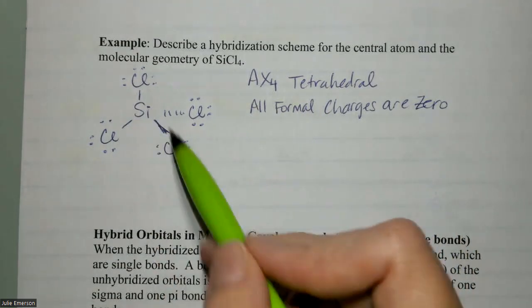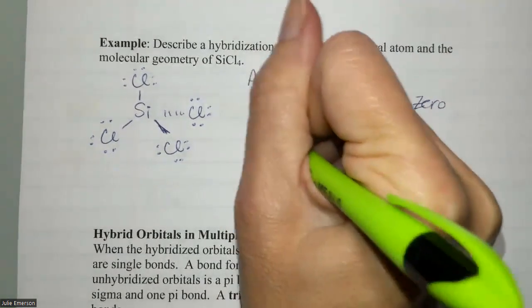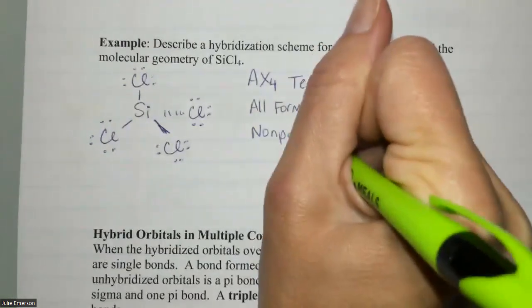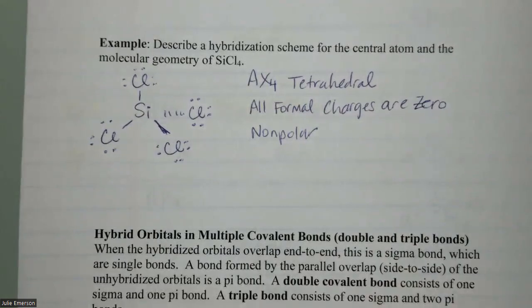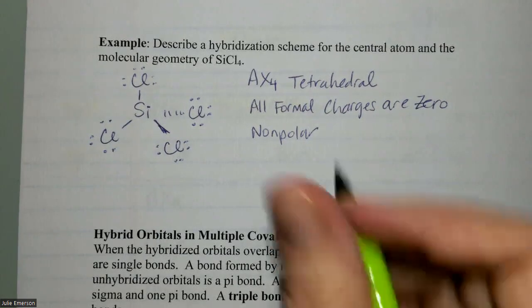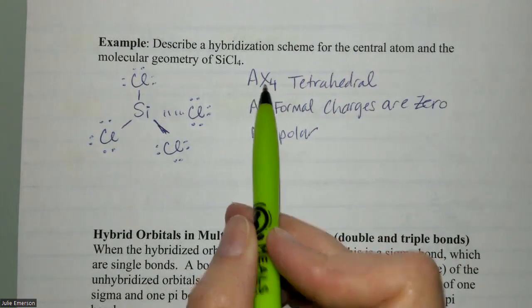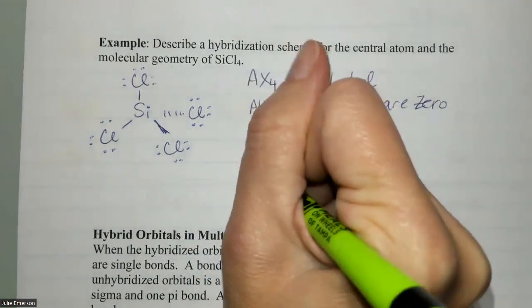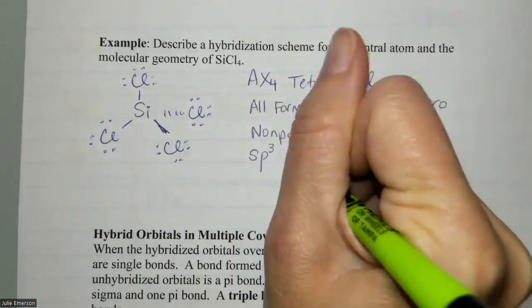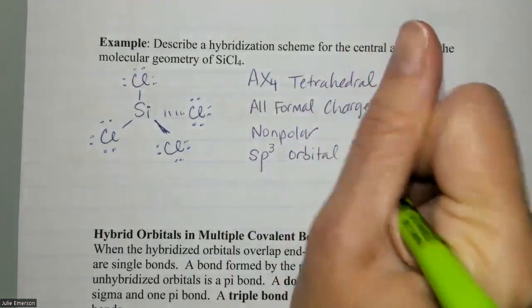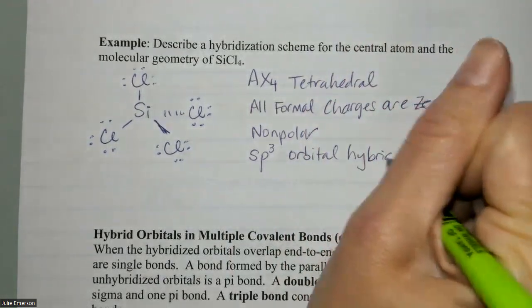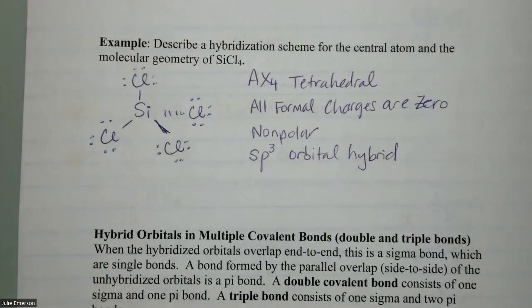All terminal elements are the same. So this would be nonpolar overall. All right, so nonpolar molecule. Then the orbital hybrid, because I need 4 bonding sites, I would have an s and 3 p for the orbital hybrid. All right, sp3 orbital hybrid.